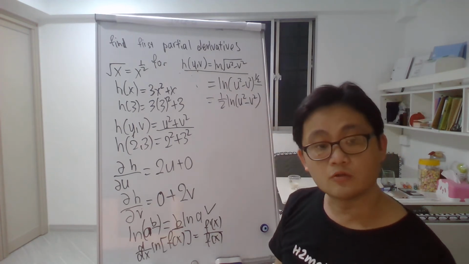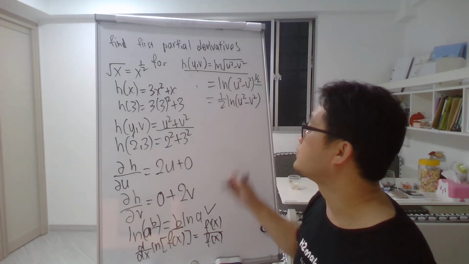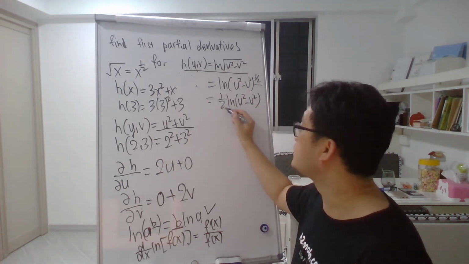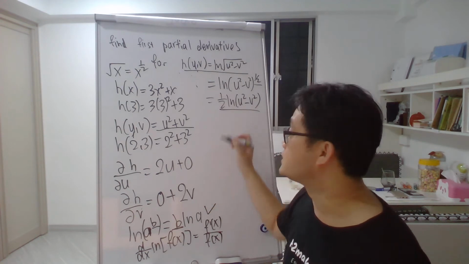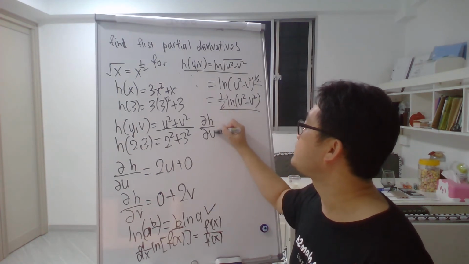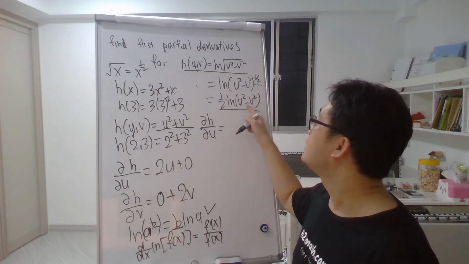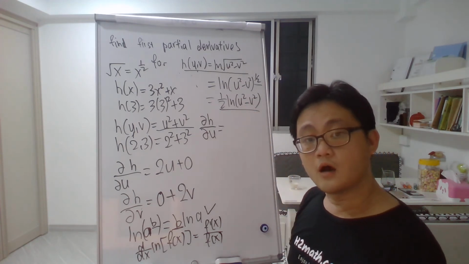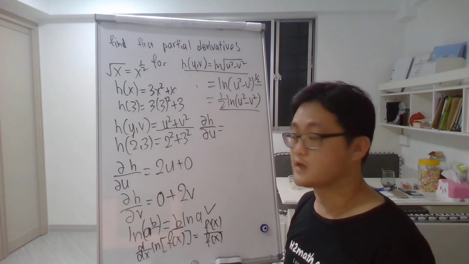This makes it easier to do the differentiation, although there are other ways to do it as well. So when I do a partial derivative with respect to u, I should be treating the v as the constant and the u as the variable.